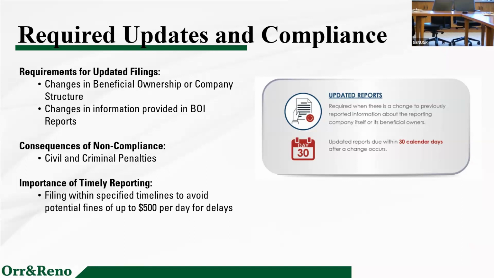And the consequences for non-compliance are both civil and criminal penalties. But the act does provide that you have 90 days from the change of information to file the change of information without any penalty.